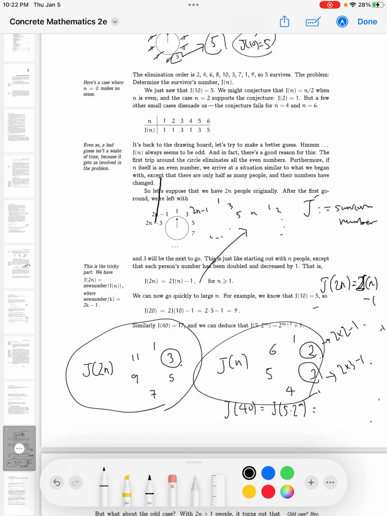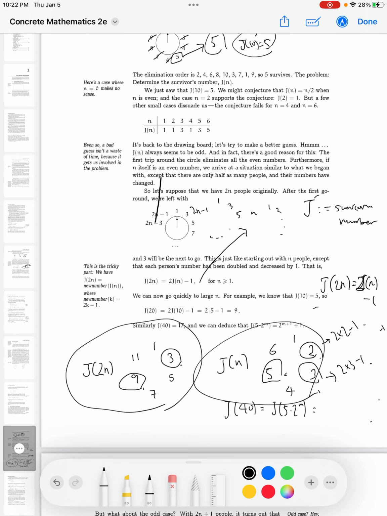In the case of 6, it's going to be 5, and in the case of J2n, it's going to be 9. It's in the same position because the rules are the same. Every second person is removed until one remains, and it's just that the number each position is labeled with is different, but there's a rule from Jn to J2n: it's 2 times the position minus 1.